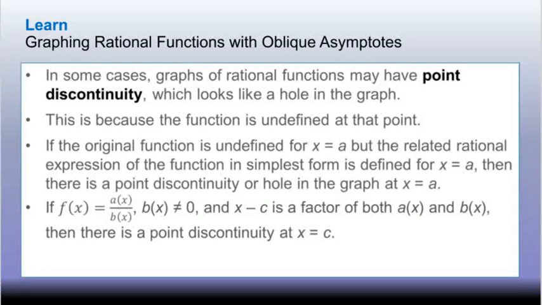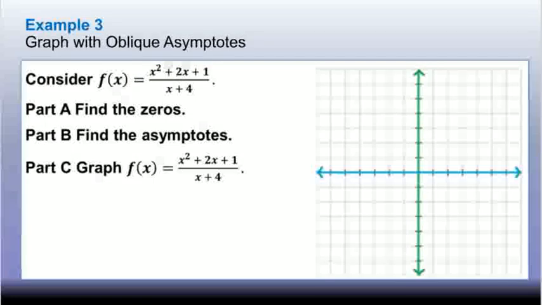If f of x equals a of x over b of x and b of c equals 0, and x minus c is a factor of both a and b, then there is a point of discontinuity at c. So that will make a little more sense once we do some graphing.